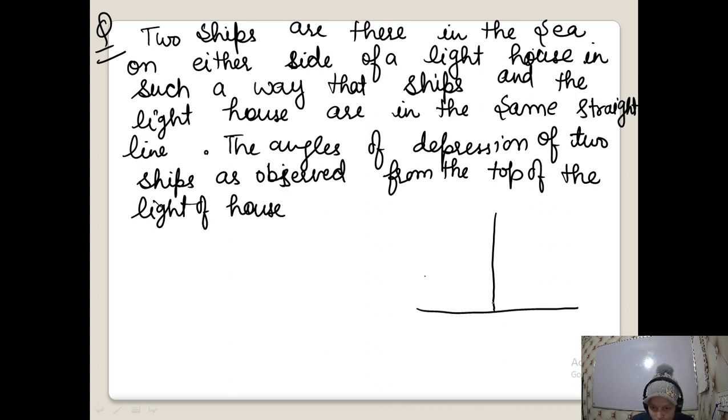This is the top of lighthouse. From this it makes one angle, and on the other side that is the second angle.